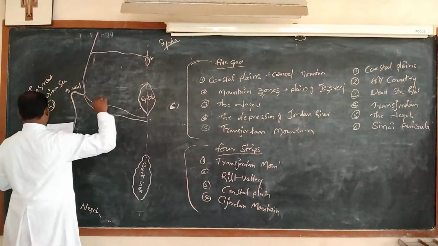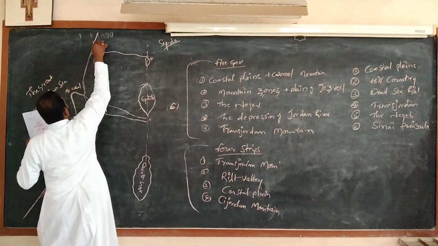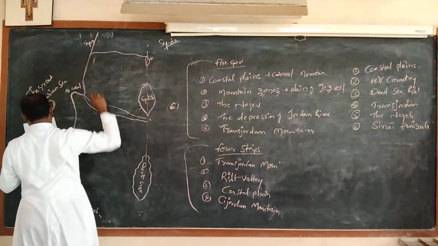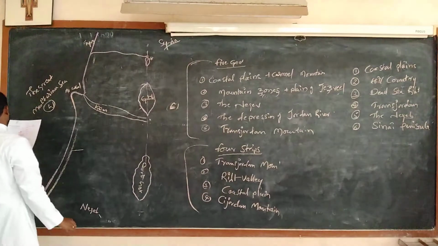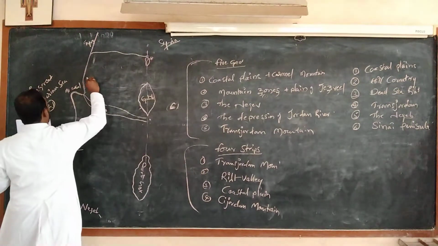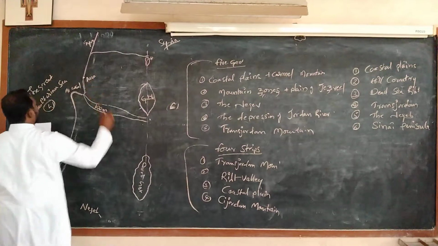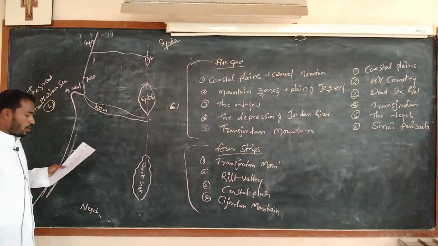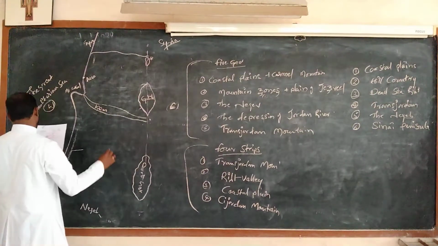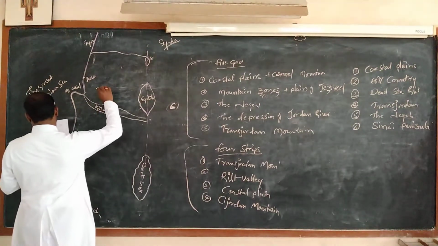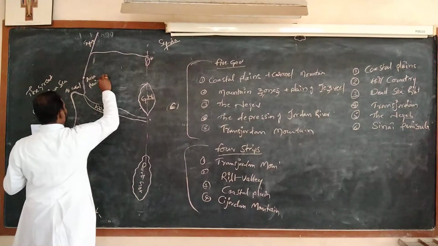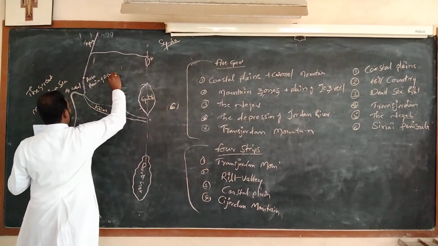Tyre and Sidon. Here is the Tyre. Then just before the Carmel Mount is Akko. We read in the letters of Paul, Akko. So here is the plain of Asher.